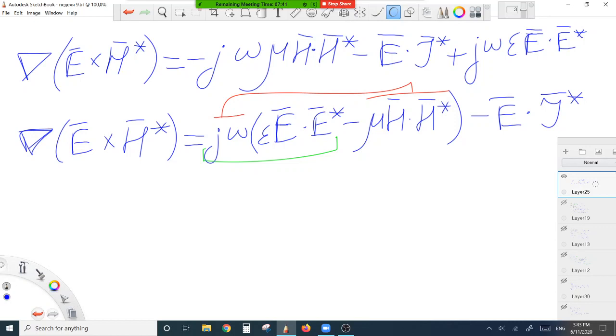The last term represents the input and dissipated power densities.